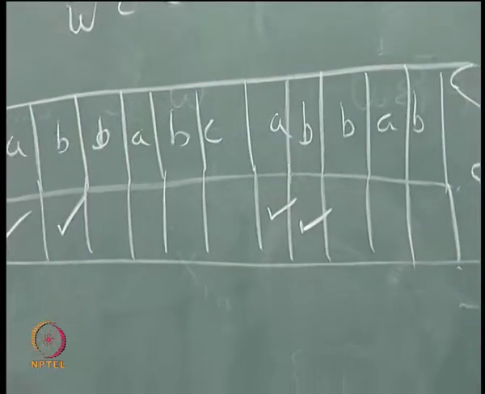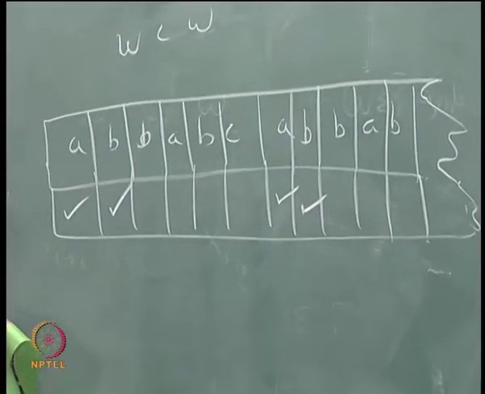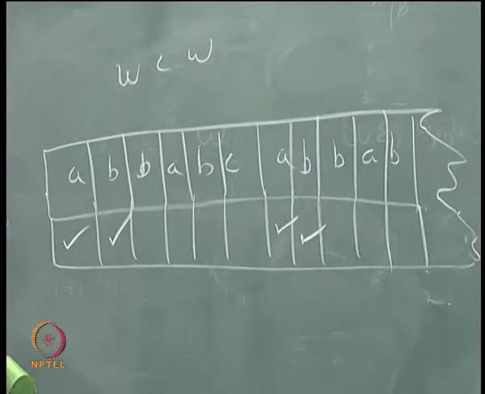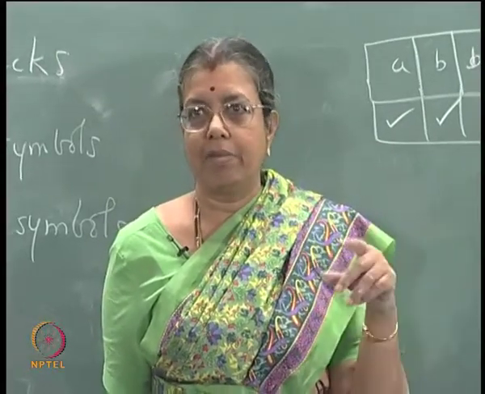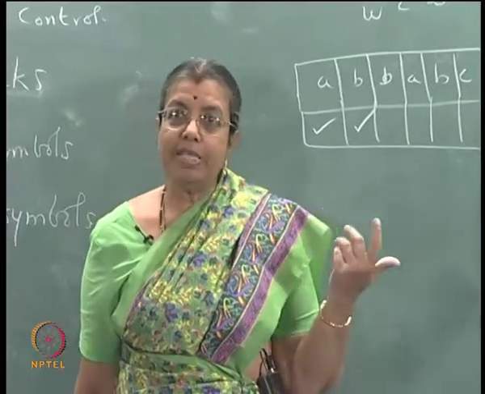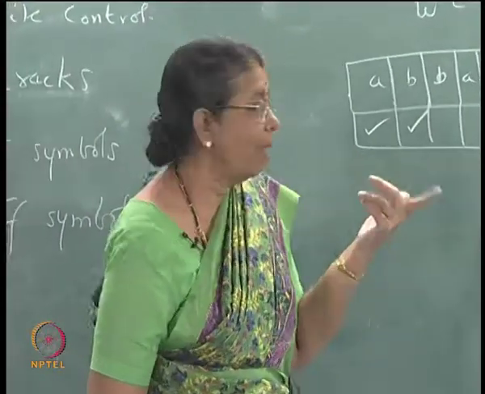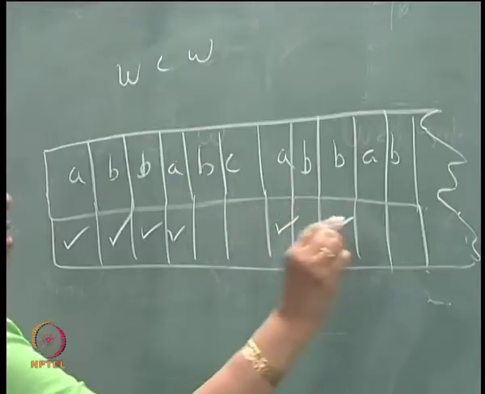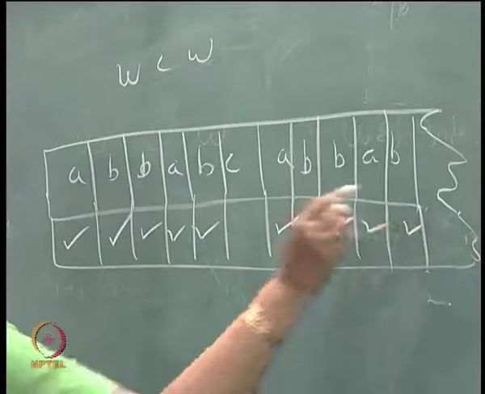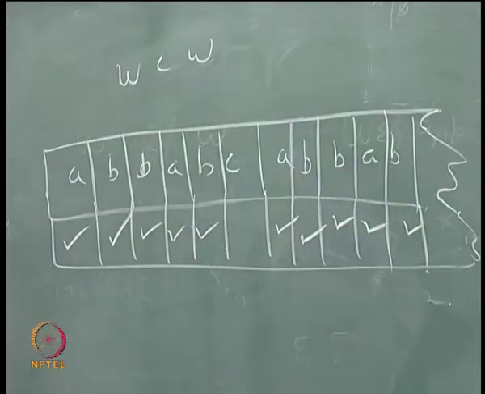So, what essentially you are doing is, the symbol you are matching, you are storing in the state. A has to match with A, B has to match with B. Whichever symbols you have matched, you put a tick mark and check. Finally, you make sure that everything has been checked.